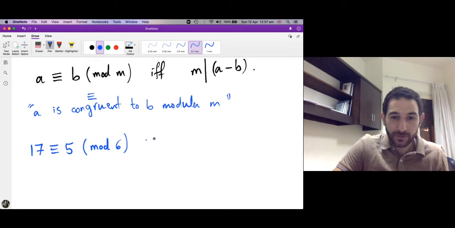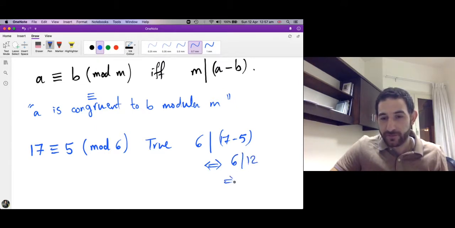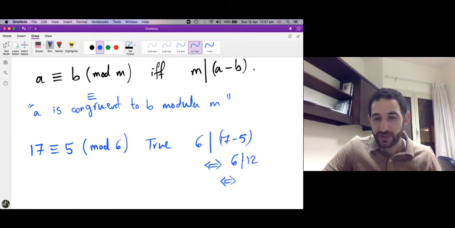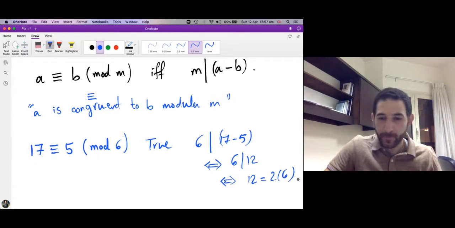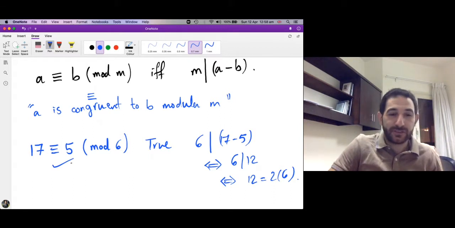This proposition is true because 6 divides the difference, 17 minus 5, which is 12. And 6 divides 12 because we can find an integer k, which is 2, such that 12 is equal to k times 6, so 2 times 6. So we know that 17 is congruent to 5 modulo 6.